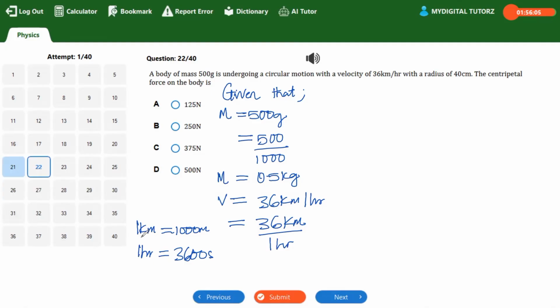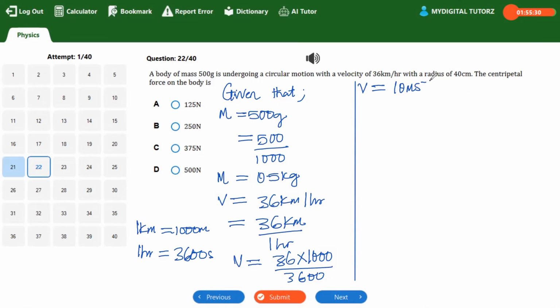To convert from a bigger unit to a smaller unit, you multiply by the rate of conversion. So V is equal to 36 multiplied by 1000 all over 3600. The zeros cancel, and 36 goes with 36, so I have my velocity V to be 10 meter per second.